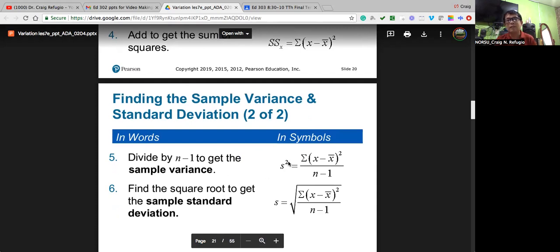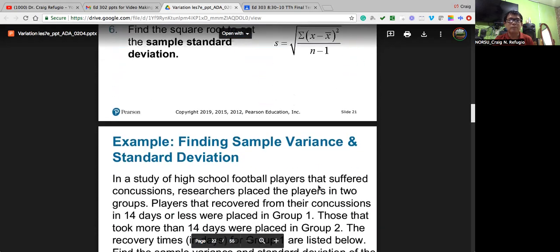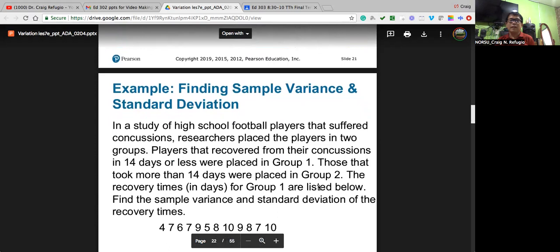So s squared is equal to the summation of quantity x minus x bar squared divided by n minus 1. Then find the square root to get the sample standard deviation. So s is equal to the square root of the summation of quantity x minus x bar squared divided by n minus 1. That is finding the sample variance and standard deviation.